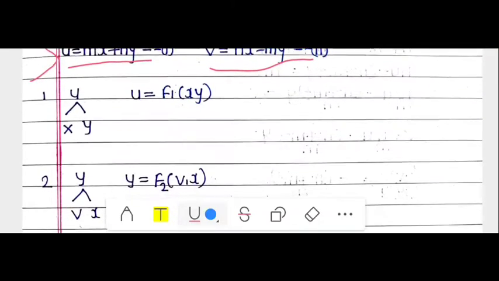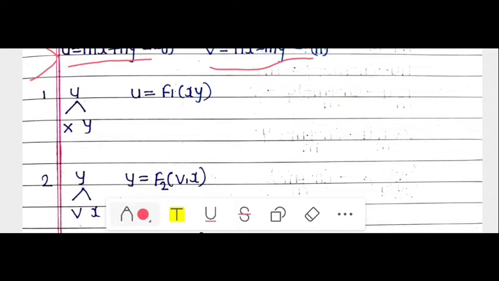So here u is a function of x and y, so we easily find the partial derivative of u with respect to x and with respect to y.